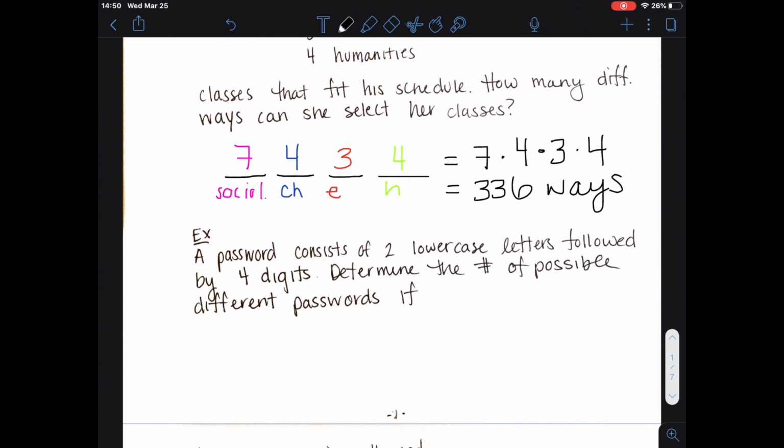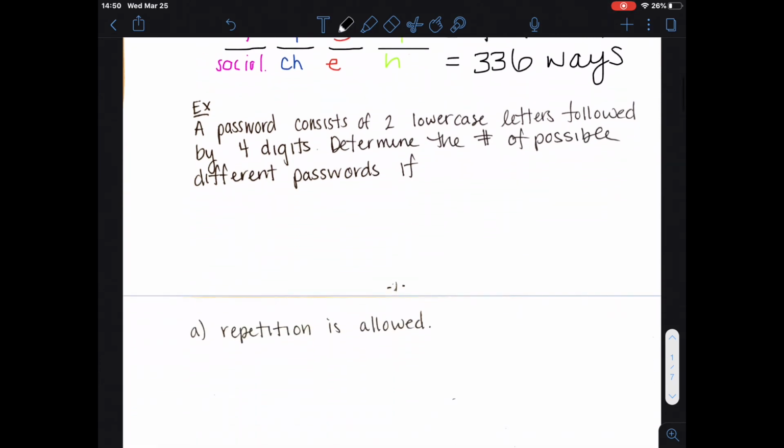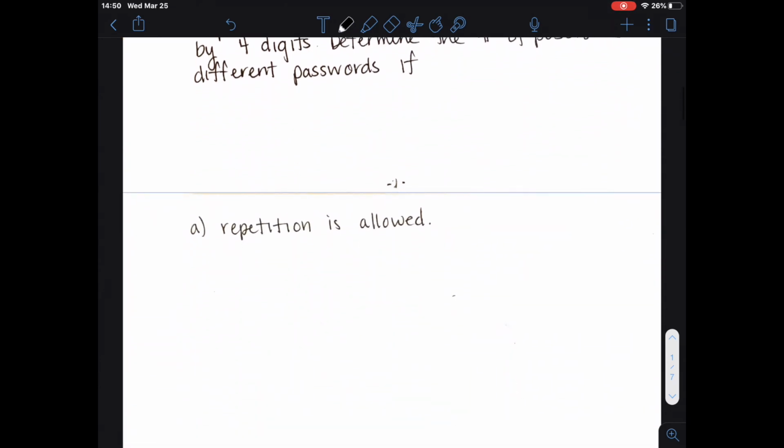A password consists of 2 lowercase letters followed by 4 digits. We want to determine the number of possible passwords if repetitions are allowed. There are 26 letters in the alphabet, so for the first 2 spaces it has to be letters, and then the next spaces are digits. Technically there are 10 digits, because you have 1 through 9 but also 0.